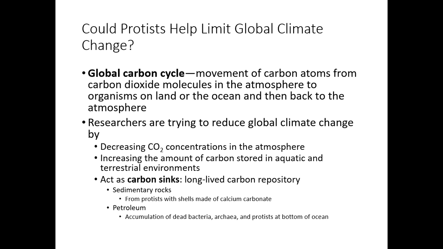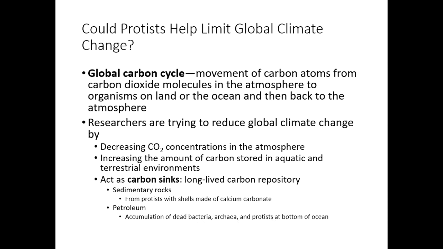So to decrease CO2 concentrations in the atmosphere, we could increase the amount of carbon stored in aquatic and terrestrial environments. So protists act as carbon sinks. All right, so they're a long-lived carbon repository. And by doing this, we can see sedimentary rocks from protists with shells made of calcium carbonate, and petroleum, an accumulation of dead bacteria, archaea, and protists at the bottom of the ocean.